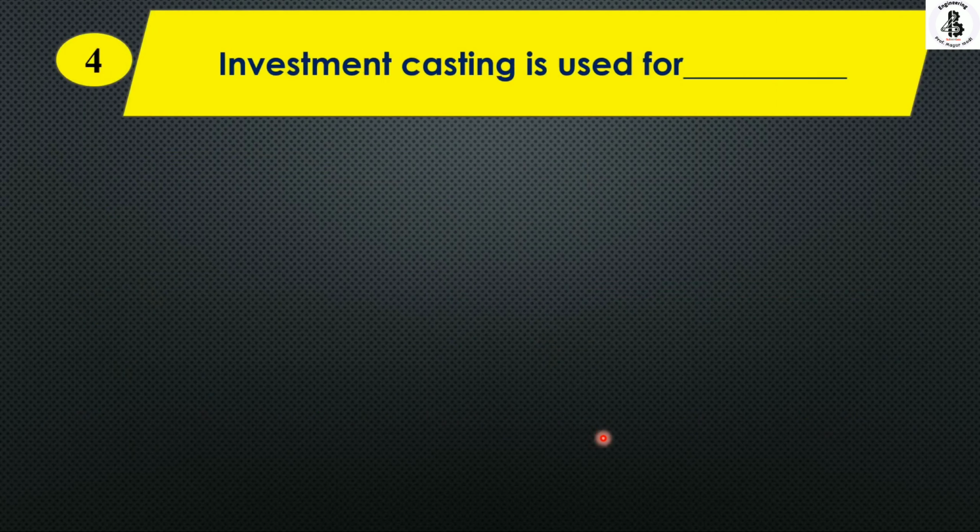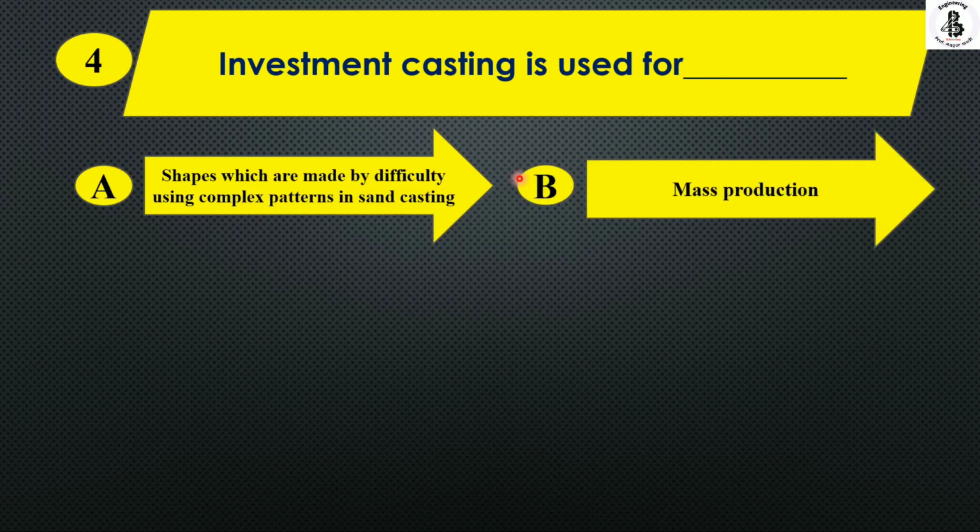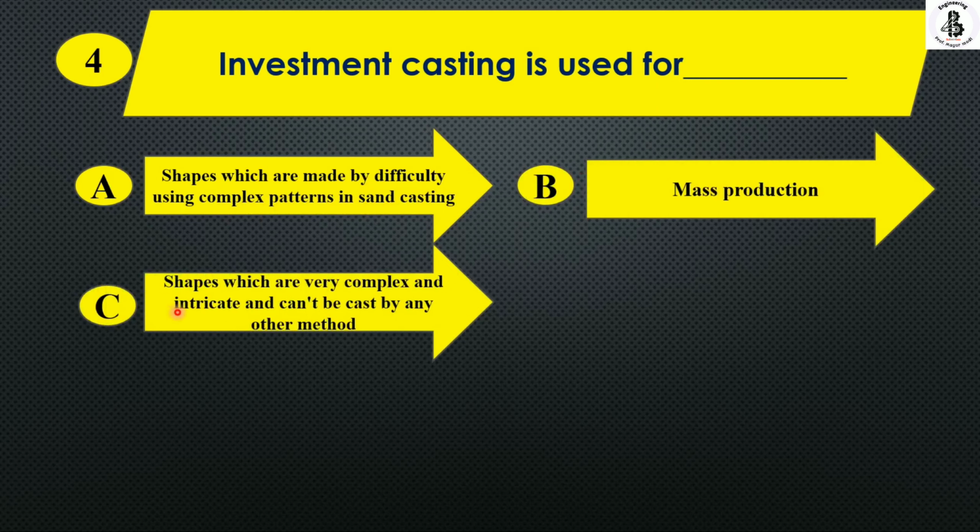The next question. Investment casting is used for option A, shapes which are made with difficulty using complex patterns in sand casting. Option B, for mass production. Option C, shapes which are very complex and intricate and can't be cast by any other method.